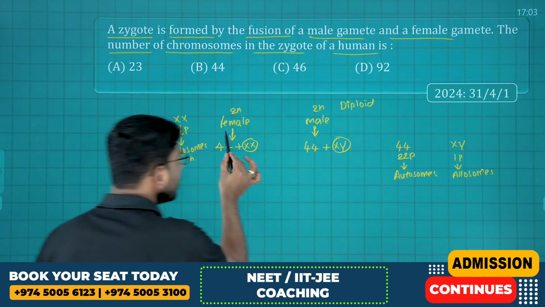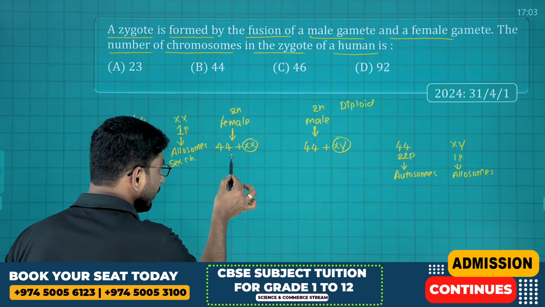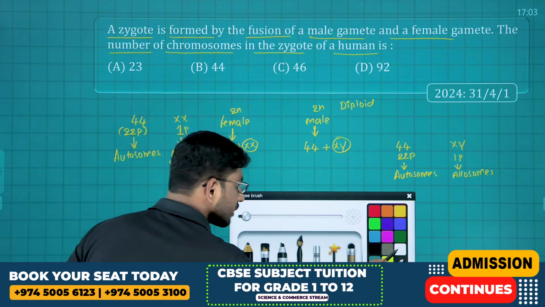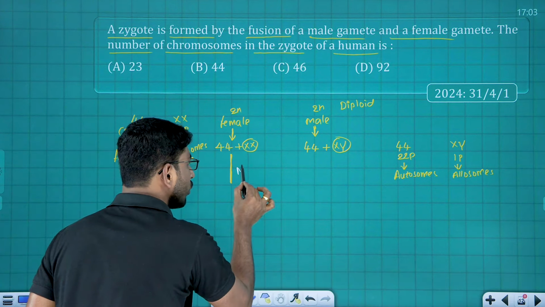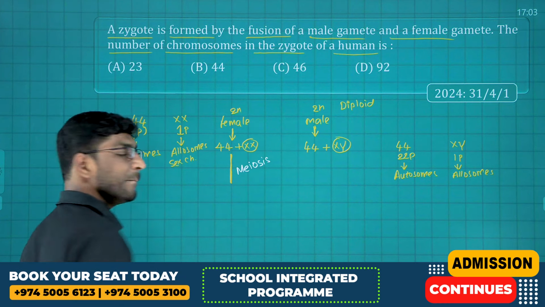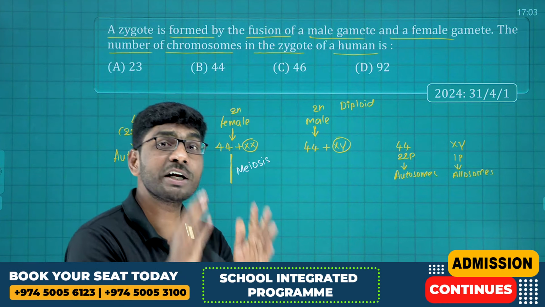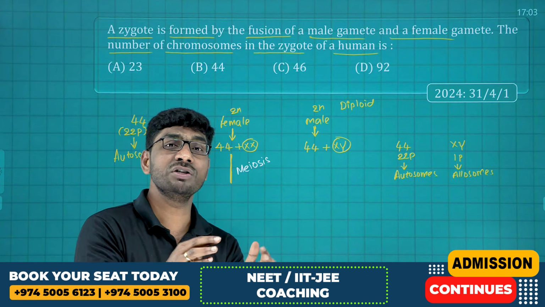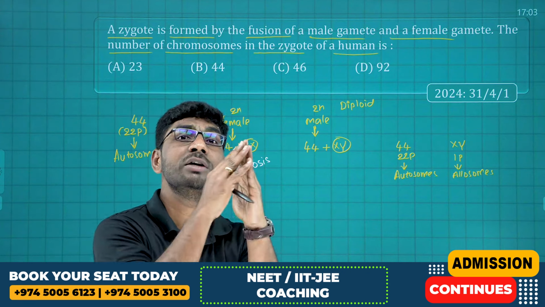These diploid organisms, when they form gametes, undergo a very important division called meiosis. Meiosis division reduces chromosomes into half.